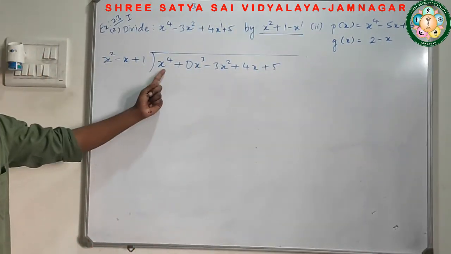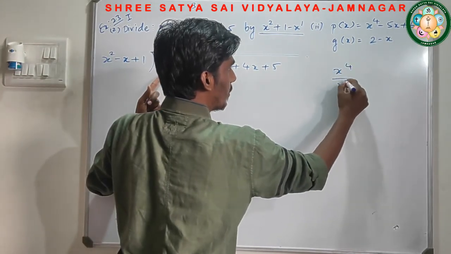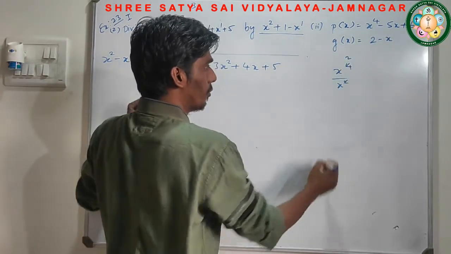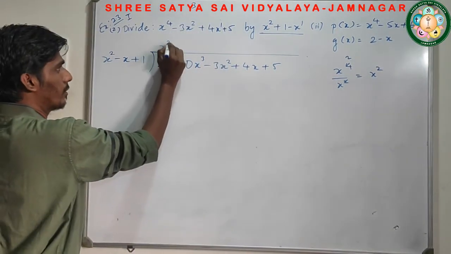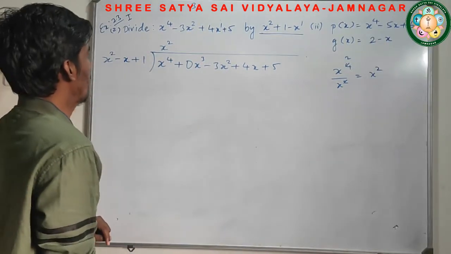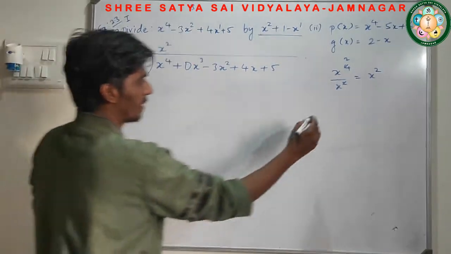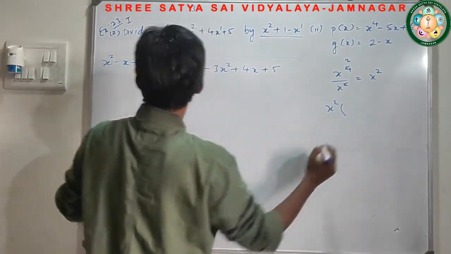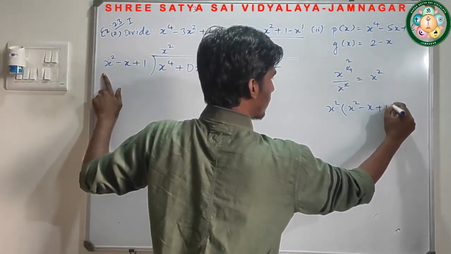Now x square into what will we get x raised to 4? x raised to 4 divided by x square, it's power 2. So we'll get here x square. So I'm going to write here x square. Now this x square is going to multiply with all these numbers. If you want to do directly, write down this bracket, x square minus x plus 1.